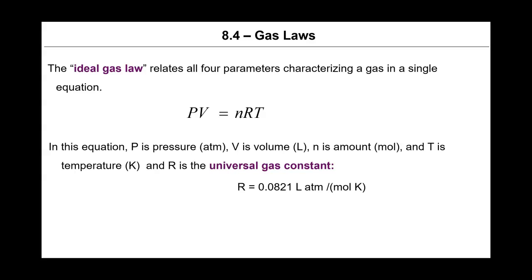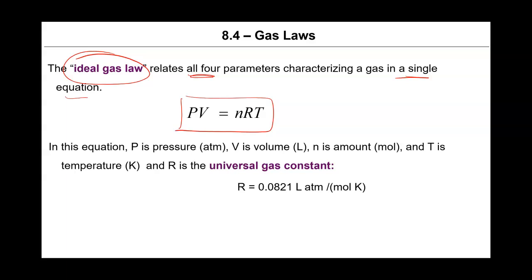The last gas law that we'll learn about is called the ideal gas law. And the ideal gas law relates all four parameters that characterize a gas in a single equation. And the ideal gas law is PV equals nRT.